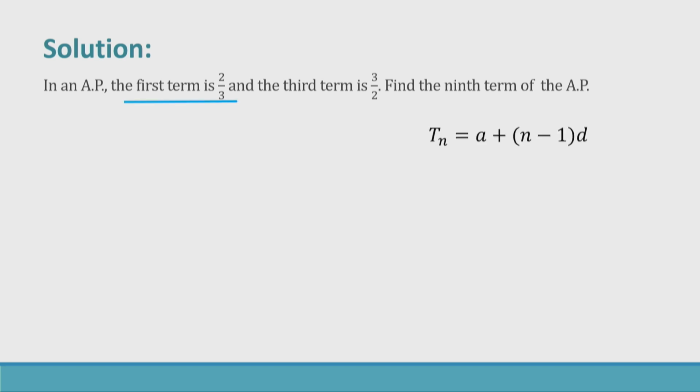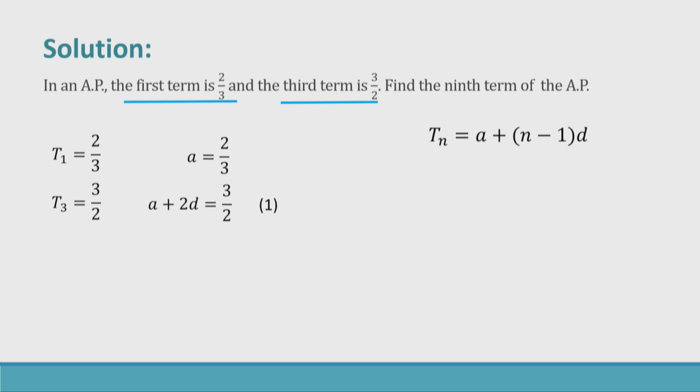The first term is 2/3, that is T1 equal to 2/3 or simply a equal to 2/3. Now the third term is 3/2. So T3 equal to 3/2. Here n is equal to 3. If I replace in the expression for Tn, I will get a plus 2d equal to 3/2, which I call equation 1.